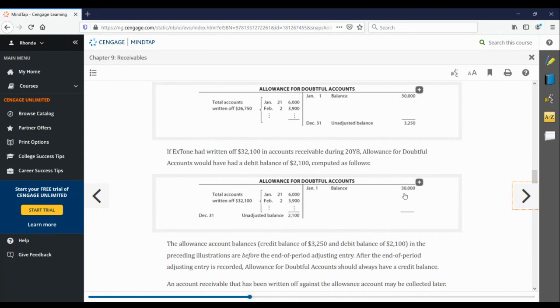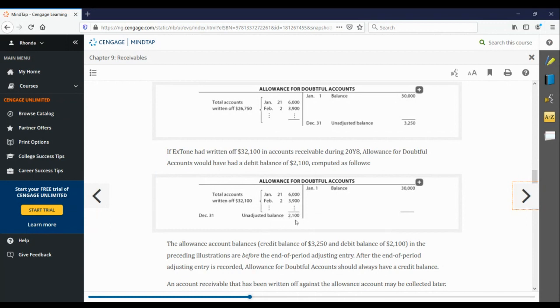You'll remember that last year we estimated that $30,000 was going to be uncollectible, and so that's where they got the beginning balance. Then we wrote off that account on January 21st, and we wrote off another one on February 2nd, and we wrote off all of these other accounts until we got to $32,100. We wrote off more, or we had more debits than we had credits.